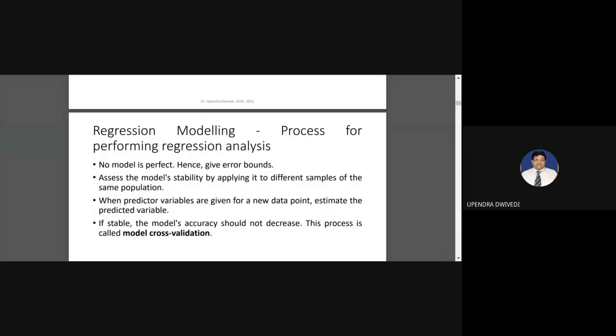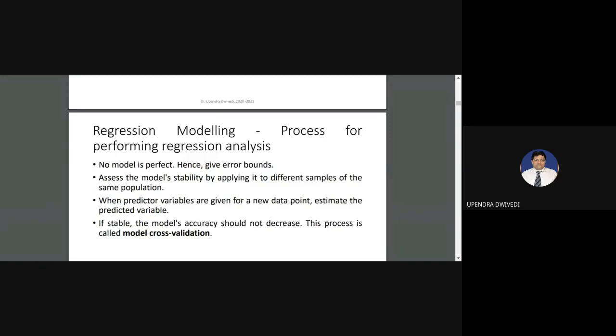Then we discussed that no model is perfect, so giving error bounds is necessary. You have to make some assumption for the error, and make sure what type of error you are going to consider for your model.